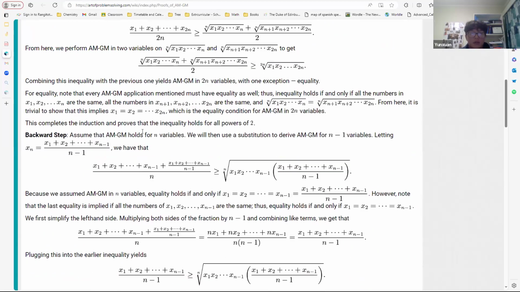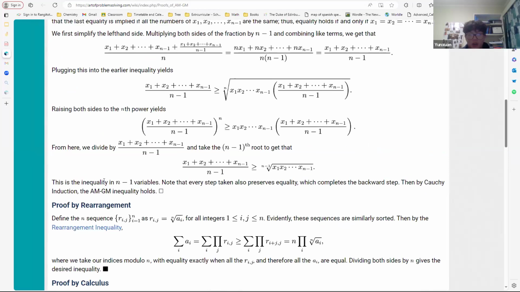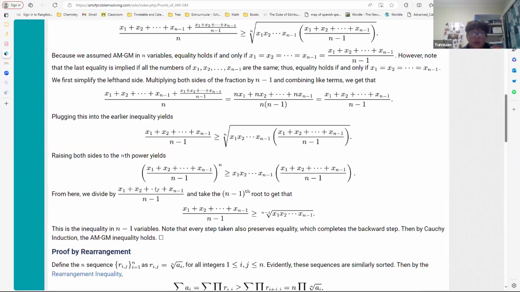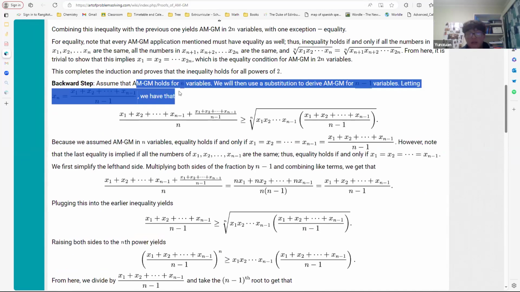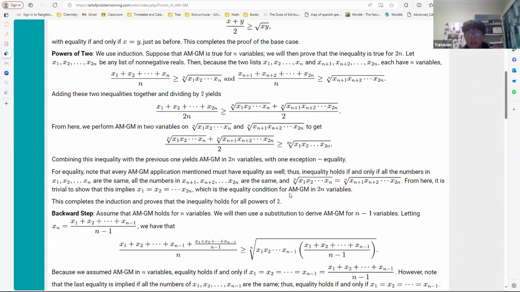So basically, we just reduced AM-GM for n variables to AM-GM for n minus 1 variables, which means that we can derive AM-GM for n minus 1 variables if we have AM-GM for n variables. And before we got powers of 2, right? So we can just choose basically infinity, and we can just work our way down.